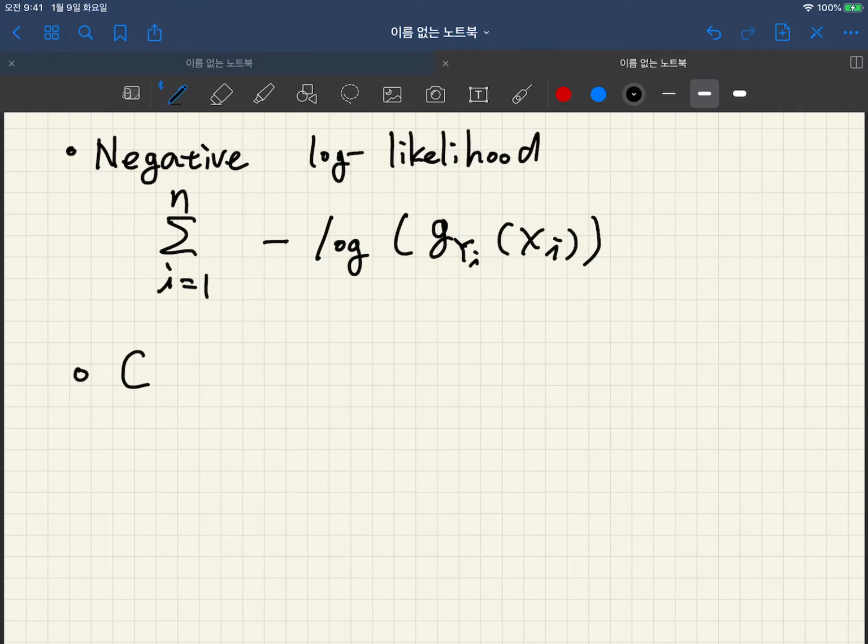We also use cross entropy, which is a very popular metric, to measure the distance between your softmax output and the target output.